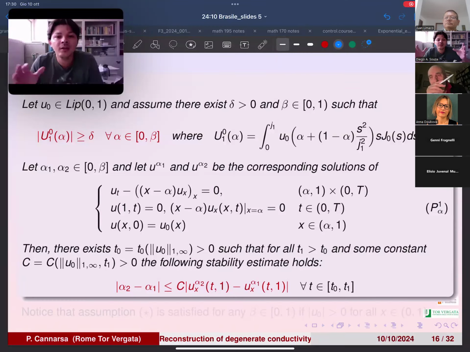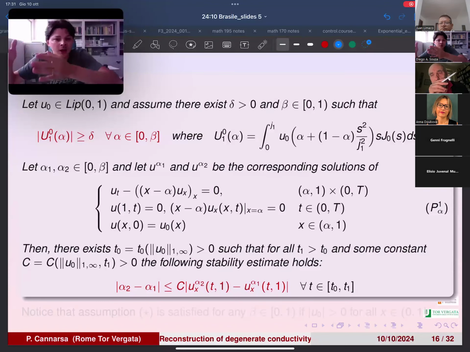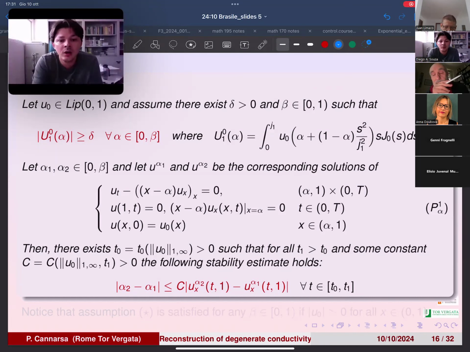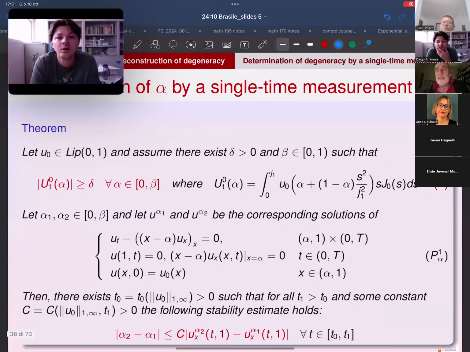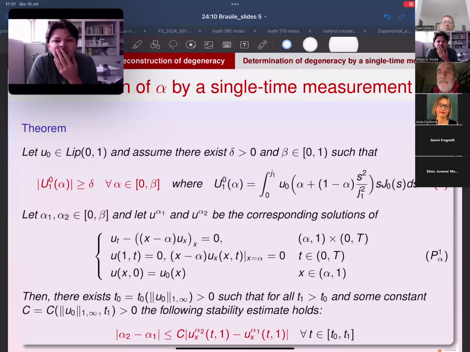No, I mean, it's like a product of absolute value of x minus alpha 1 times absolute value of x minus alpha 2. So the problem is you have a coefficient multiplying x minus alpha times some g. You mean this, yes. So this is difficult or not?